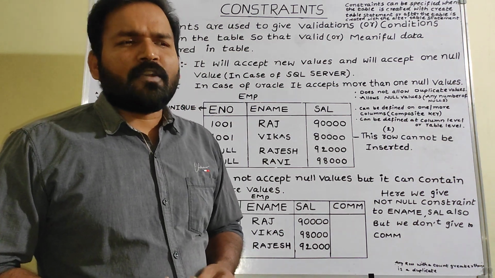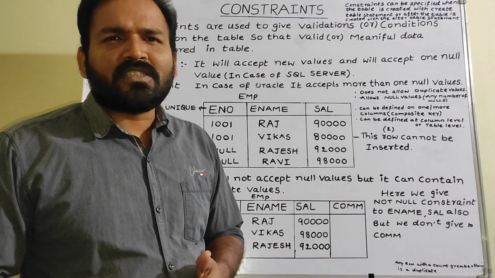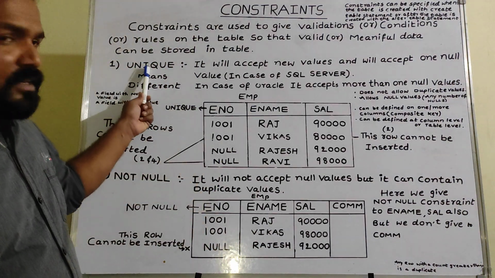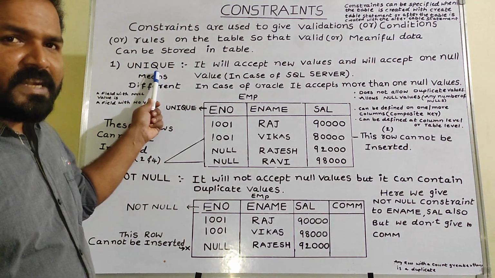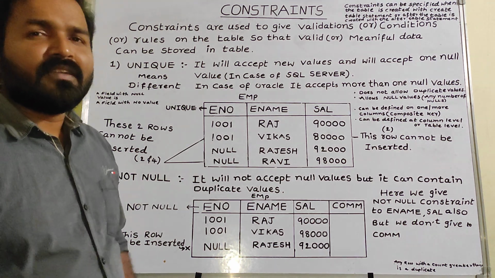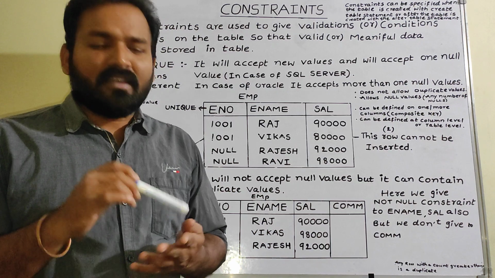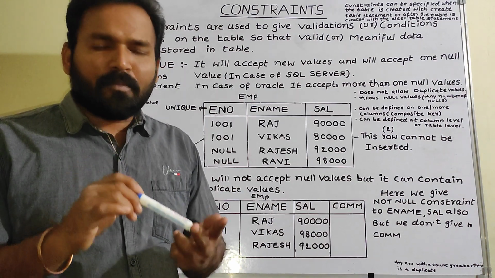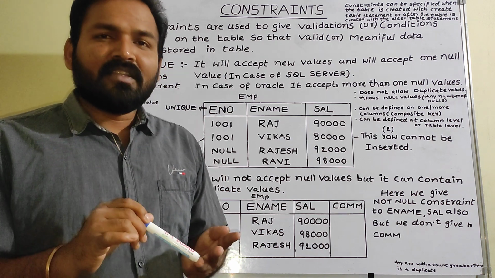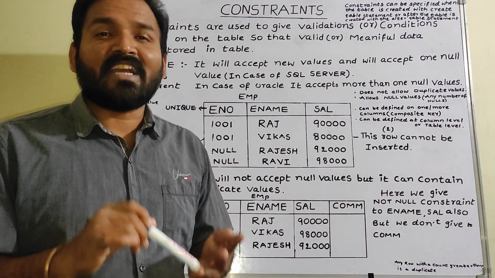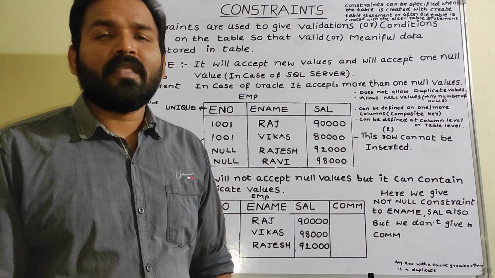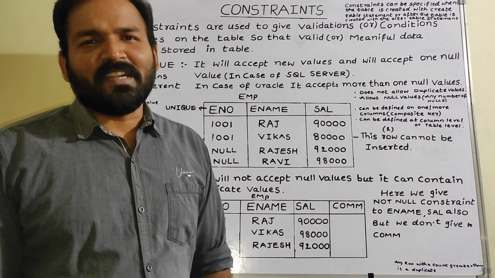The most commonly used SQL constraints are unique constraint, not null constraint, primary key constraint, check constraint, default constraint, foreign key constraint.